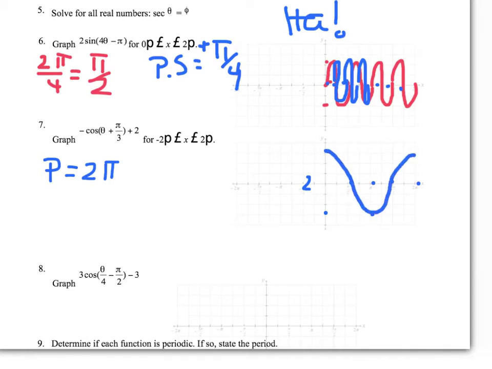I'm going to do the phase shift of negative pi thirds. I'm going to approximate this for time's sake. I don't want this to be too long for you. I'm going to go negative. You know what? I think that when I did this, I shifted it positive pi thirds. That's all right. This needs to actually have been shifted the other way, but we'll make this work when I talk about it.